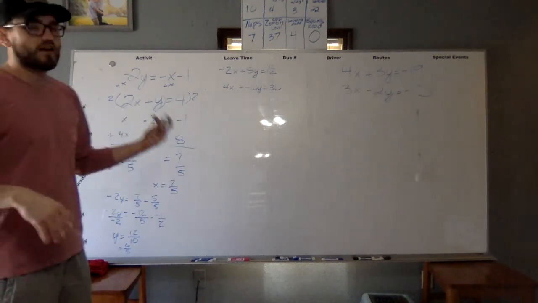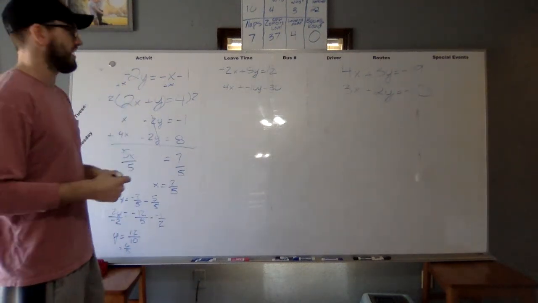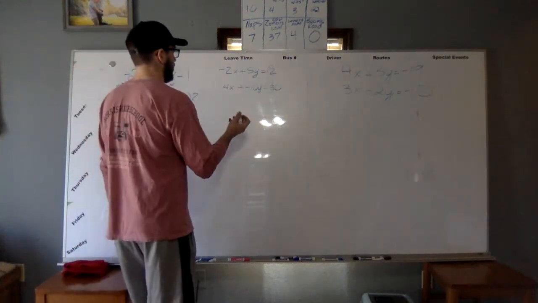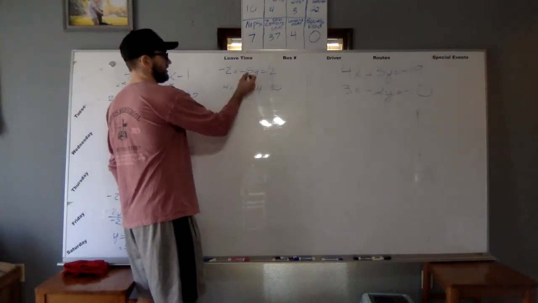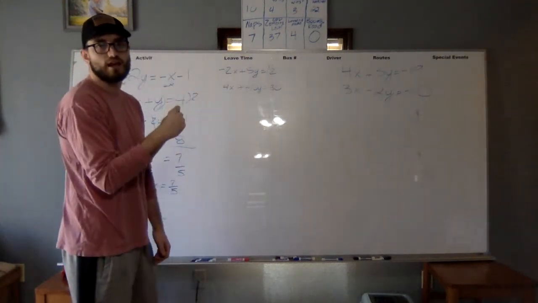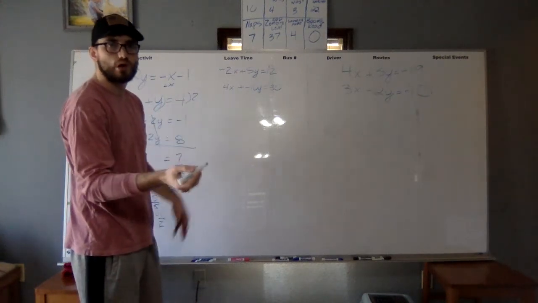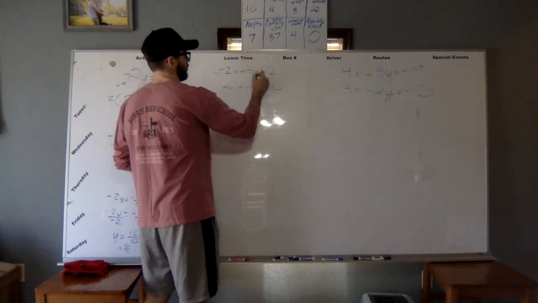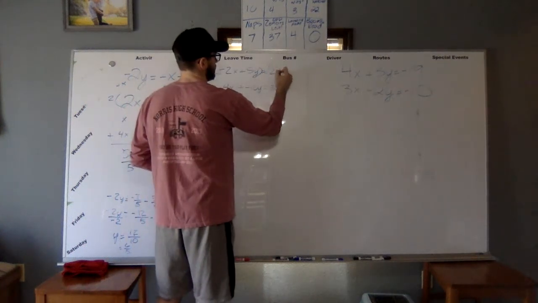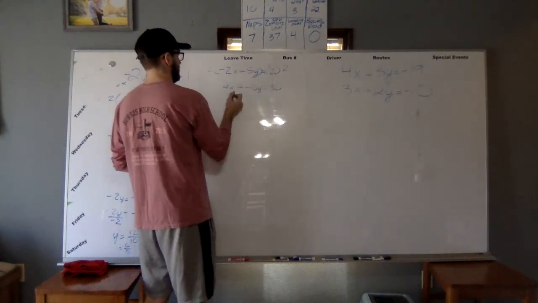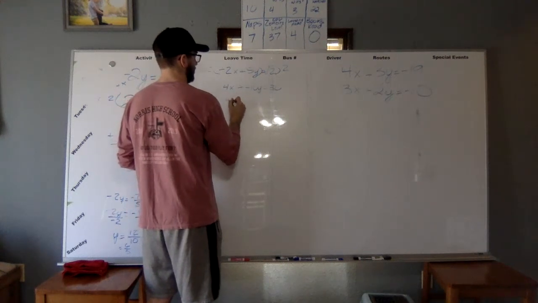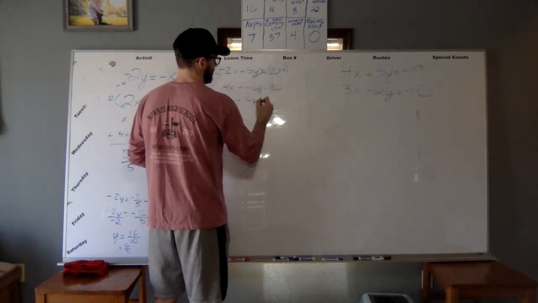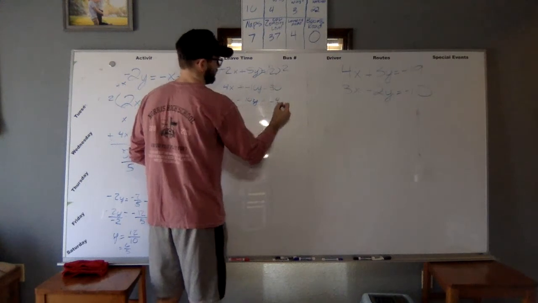Okay. Second one was pretty on par with what we did in the lesson. I just need to pick one. I have two opposite signs here, so either one's going to work. I have negative x, negative y, positive y. So I need to pick which one I want to use. I'm going to do x's, so I'm going to multiply the top equation by 2. What I get is negative 4x plus 10y equals 24.